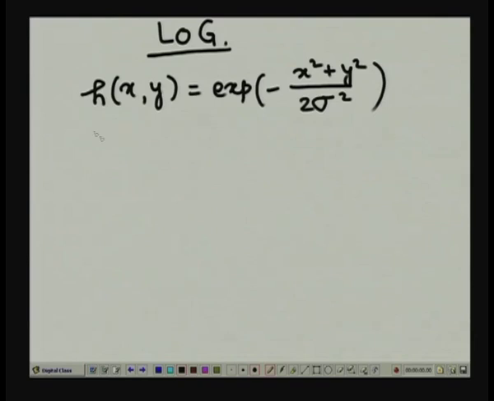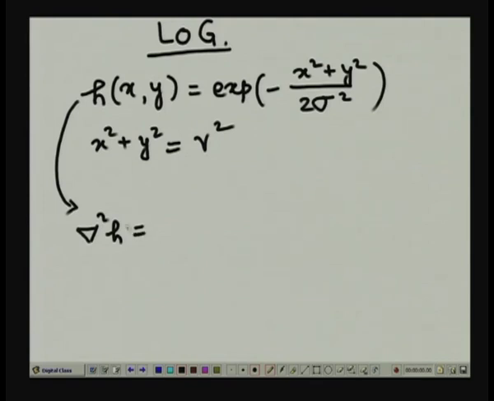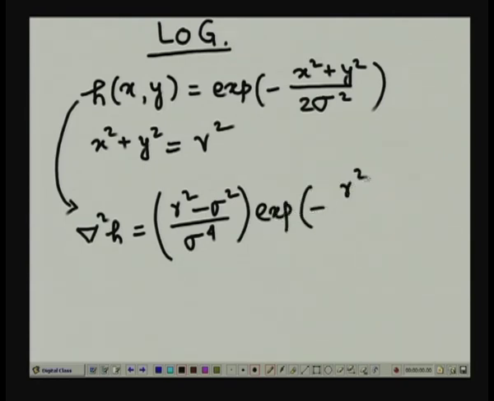Now, if we set x square plus y square equal to r square, then the Laplacian of this h, that is del square h, can be written in the form (r square minus sigma square) upon sigma to the power 4, into exponential of minus r square divided by 2 sigma square.